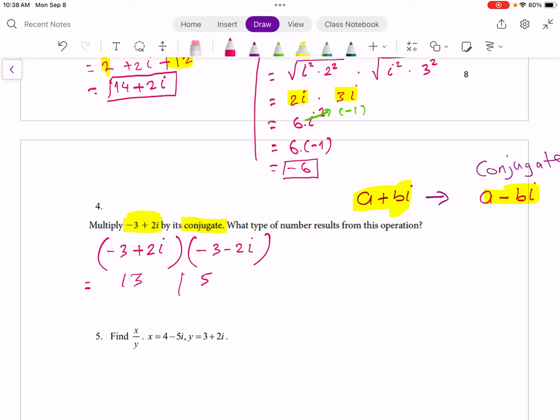A different answer. Let me see. I haven't seen it. I'll be back. Working on it. Okay. Can I see 13? Okay. 9. I see the 9 plus. Okay, now you have i square, right?